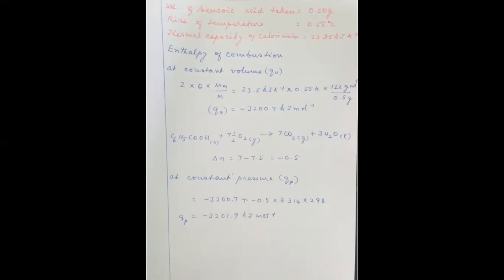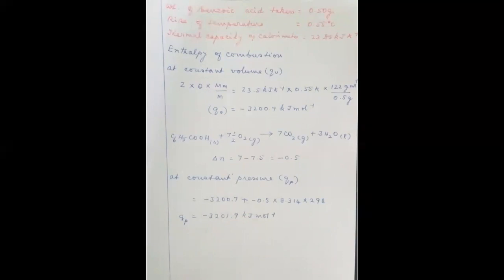So 7 minus 7.5, you are getting minus 0.5. So at constant pressure, the QP is going to be minus 3200.7 plus delta N, which is minus 0.5 into RT, where R is the universal gas constant 8.314 joule per Kelvin per mole, and temperature is the normal temperature and pressure 298.